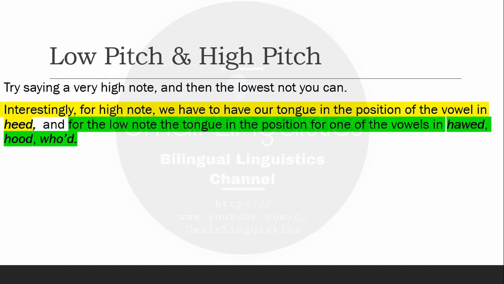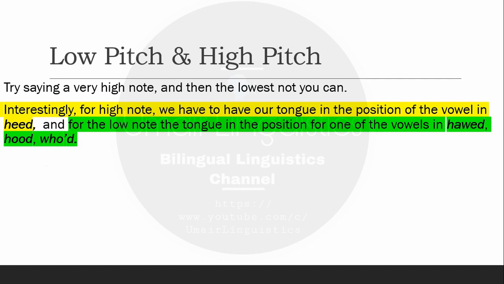And for the low note, we have to keep the tongue in the position for one of the vowels in hod, hood, or who'd. So for the lowest note, we have to keep our tongue in the position of one of these vowels, which is o, u, or oo.